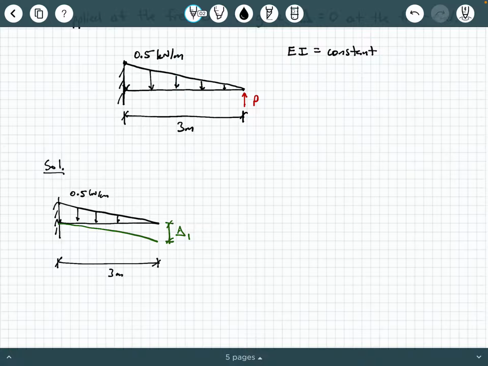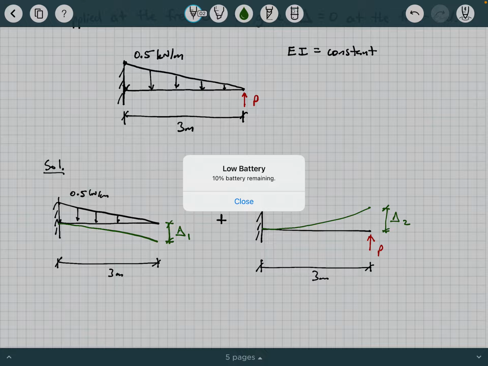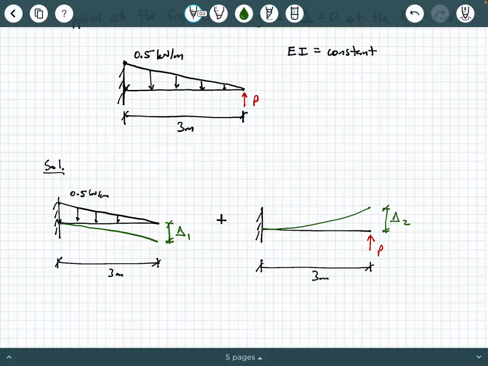And we can say the effect of that can be added to the effect of applying a load P at this free end. 3 meters long still. And what is that deflected shape going to be? Well, you have a taper just like before, except it's curving up now. All right? And so this is going to be, call it maybe delta 2. And so how are these related?